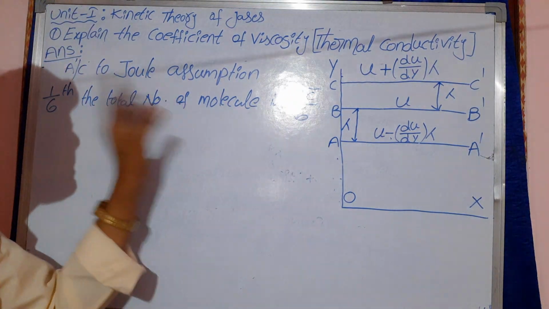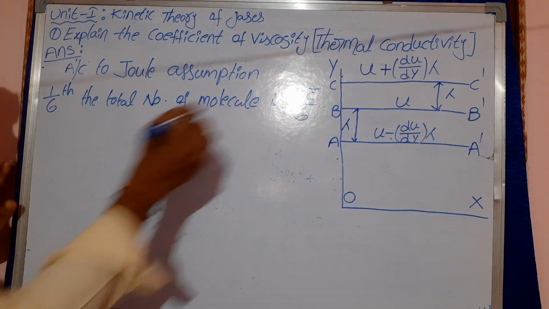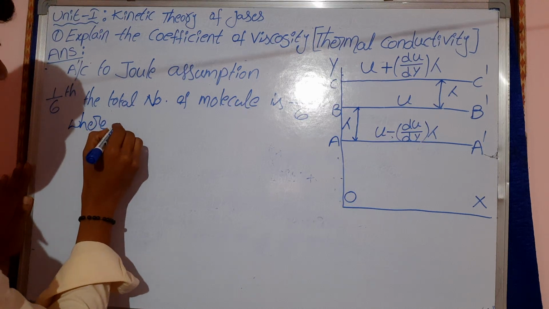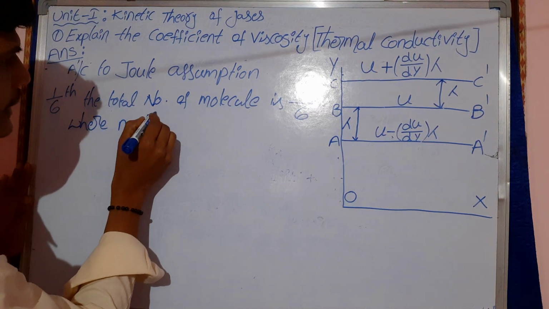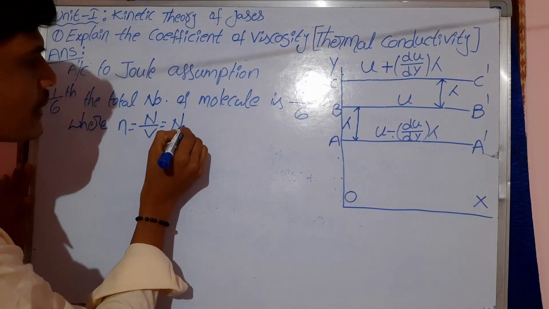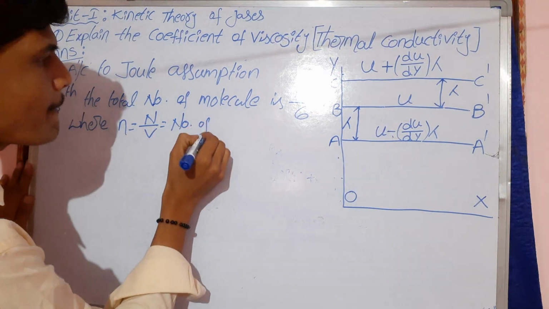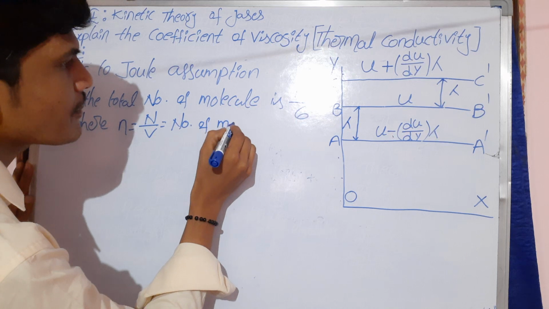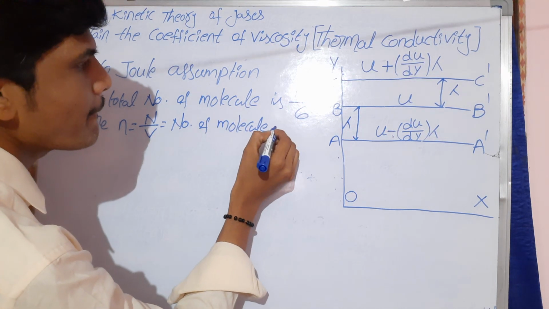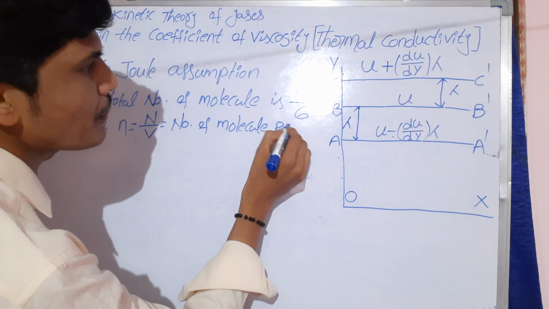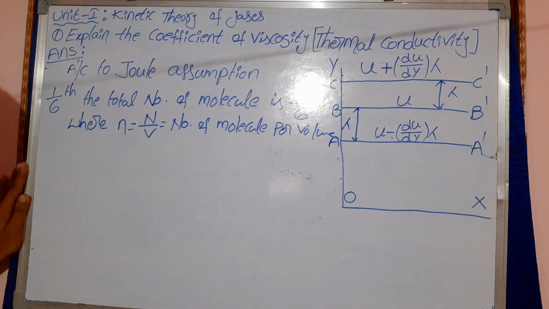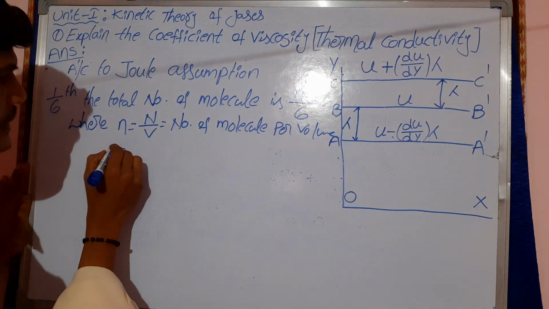Here n equals capital N by V, that means the number of molecules per volume, where V means volume.